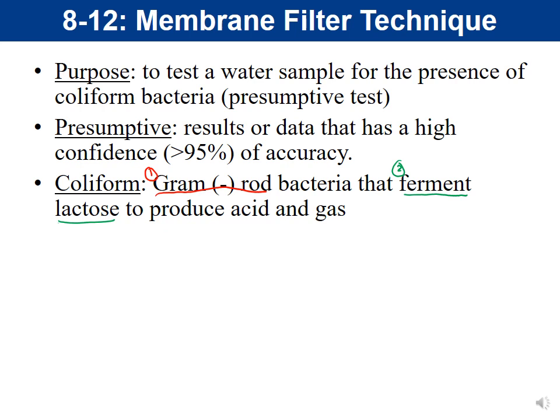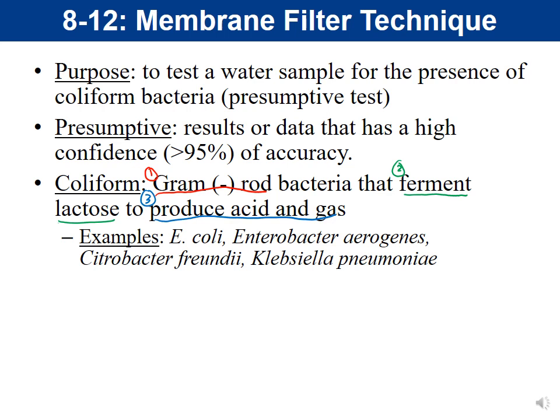And then the third part is to produce acids and gas. So for an organism to be a coliform, these are gram-negative rod bacteria, that ferment lactose, and produce acids and gas. So that is how we define what a coliform is.